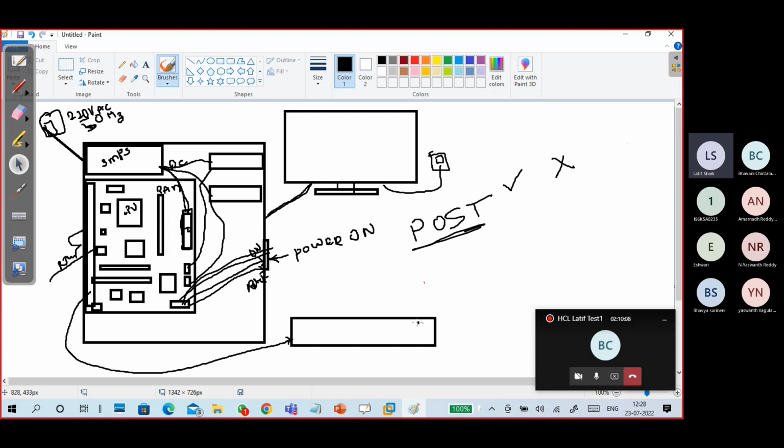On the keyboard, you can see there are 3 LEDs. These 3 LEDs will blink once, only once. By default in your BIOS settings, numlock is on.